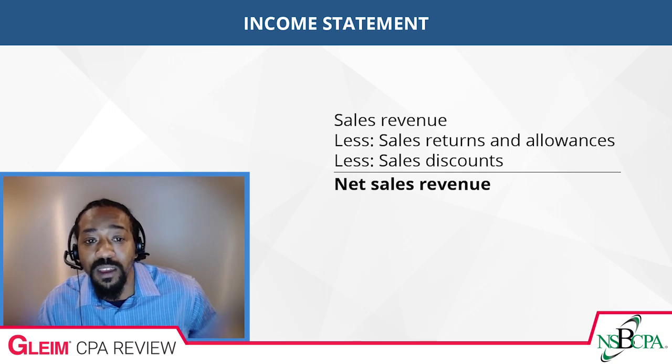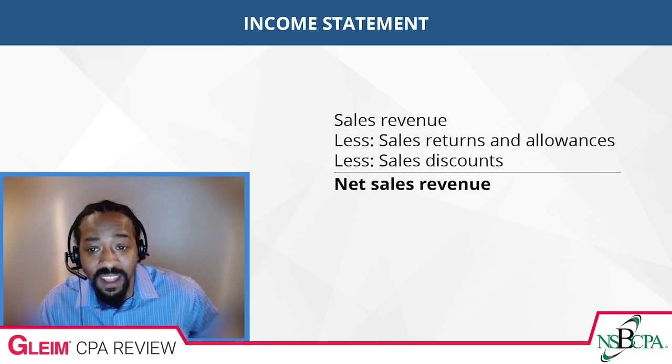What is the first thing on the income statement? Sales revenue. That is always the first line of your income statement. But total sales revenue needs items subtracted to arrive at the net sales revenue. Two common items that a business may have are sales returns and allowances and sales discounts.